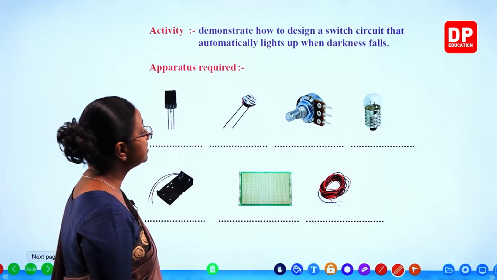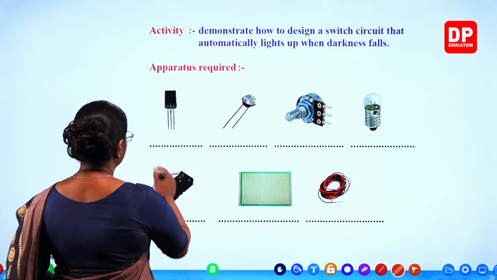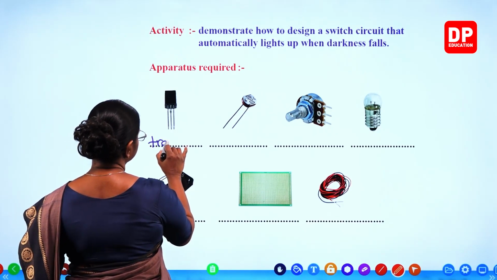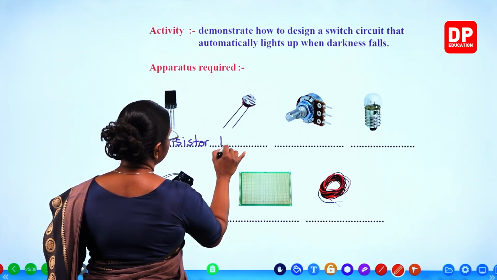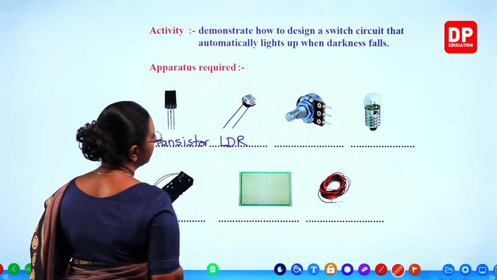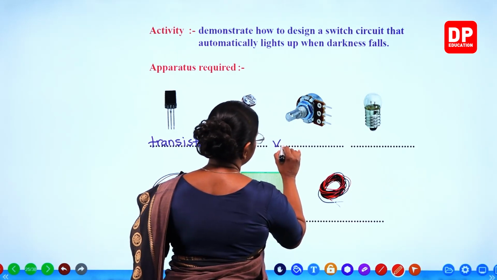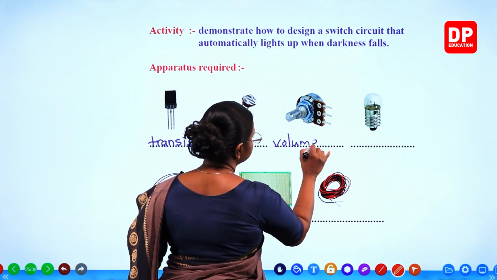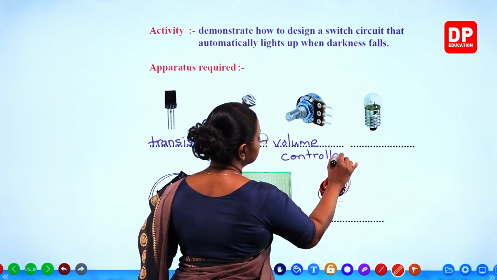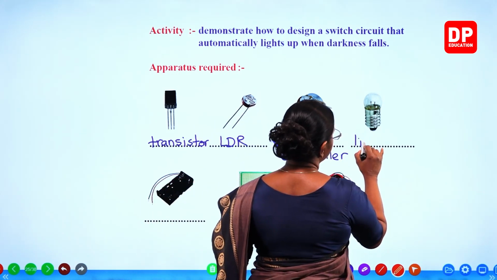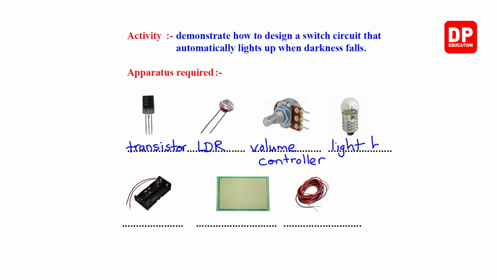So, the apparatus that are required. We need the transistor. We need the LDR, light dependent resistor. Then we need the volume controller. Then we need the light bulb. Then the battery cover.